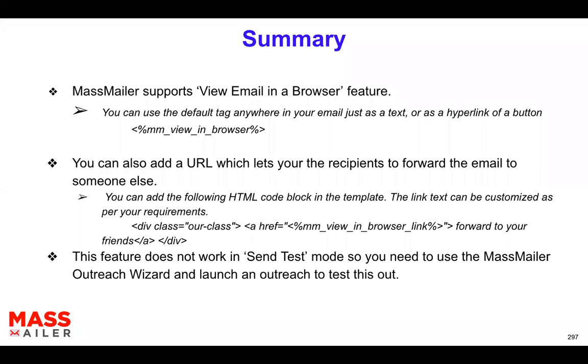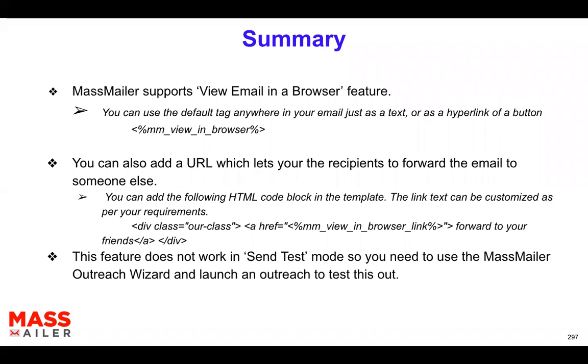As long as you just add this tag that shows here, that is less than, then the percent sign, view in a browser, within the less than and the greater than sign, as you can see. You just have to add the text or a hyperlink of a button in your email template, and that should work.